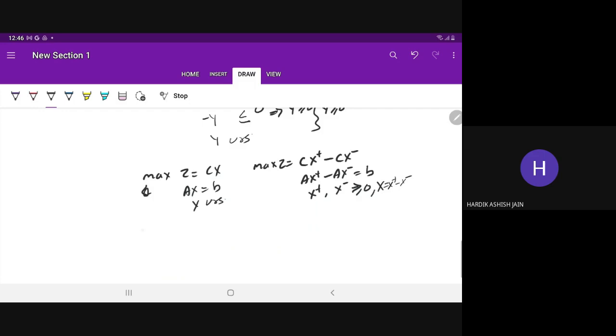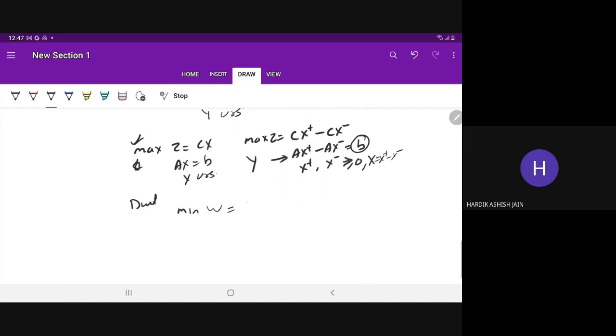Now when we write the dual, first we have to associate the dual variable y. Here the right hand side is b and the problem is maximization, so the dual will become minimization. W is equal to yb subject to, corresponding to x plus, we have ya and here we have c. Since it is minimization, it will become greater than or equal to c.